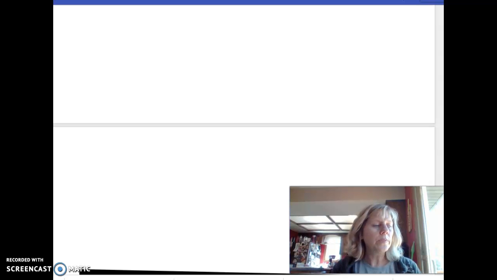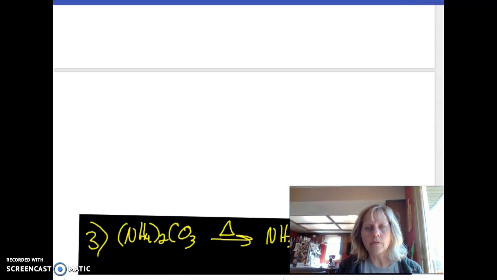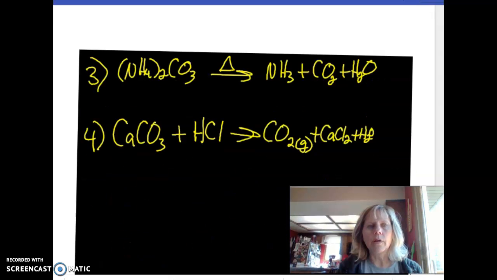But remember, we put a lit flame in that and the fire went out. I actually already have it written, so I'm not going to write it again. So for number 3, we started with ammonium carbonate. Remember, the triangle over the arrow means heat.